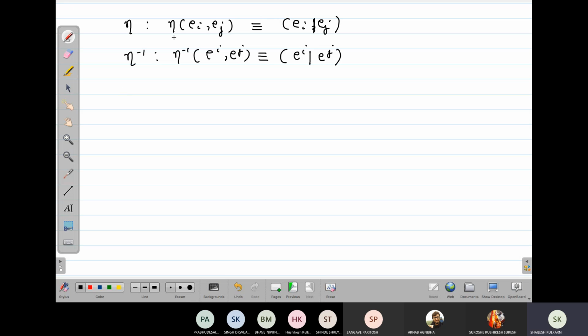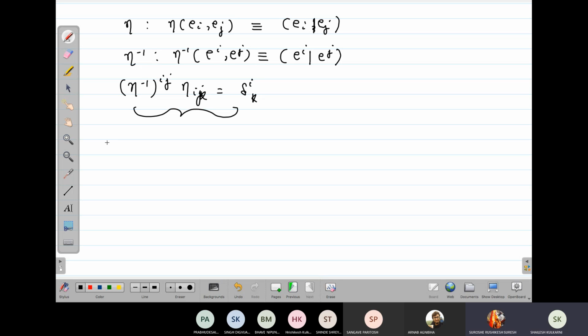Now what should I do? I need to show that if I take eta upper ij and eta jk, then this must be equal to delta ik. This I need to show. So what should be the starting point? Action of eta on eta inverse.